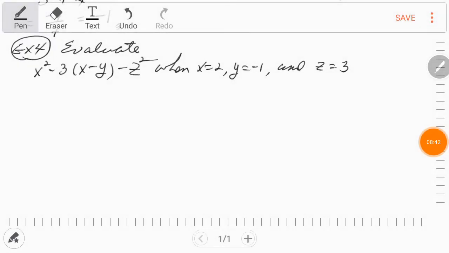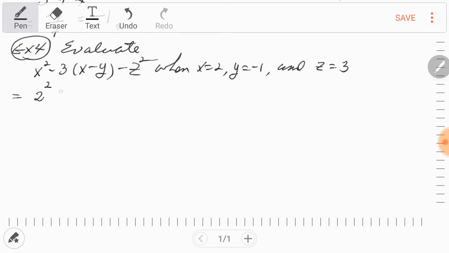Okay, this example has three variables, x, y, z. When we evaluate this expression, just replace the variables with their values. So x squared, x is 2, so 2 squared. Do we need to put parentheses for this positive number 2? It doesn't matter because the number is positive.